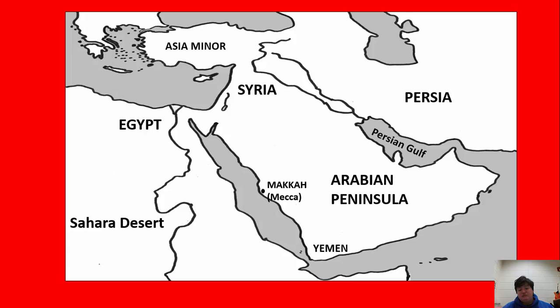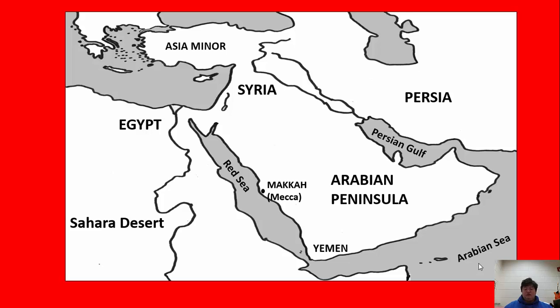The other body of water that's on the other side of the Arabian Peninsula is called the Red Sea. The Red Sea is this strip of water. And then, of course, there's a large body of water down here to the south called the Arabian Sea.